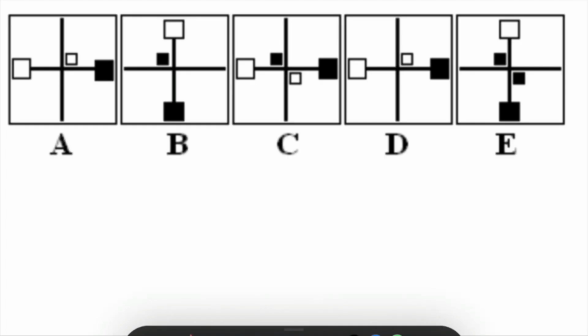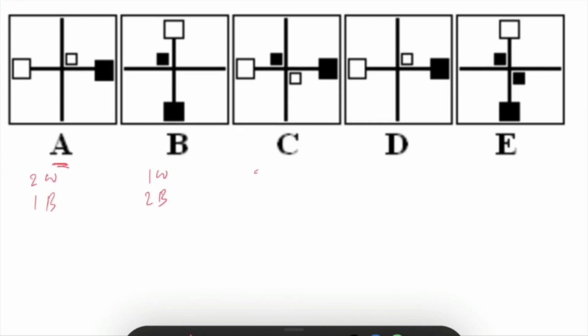Let's try to answer this question, which is also asking us to find the odd pattern among the 5 patterns. Let's study each pattern. So in A we have 2 white boxes, 1 black. B, 1 white, 2 black.